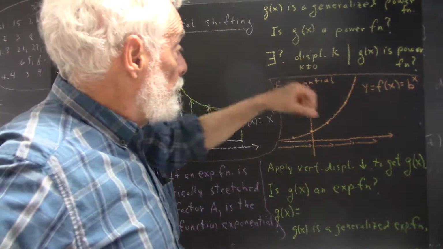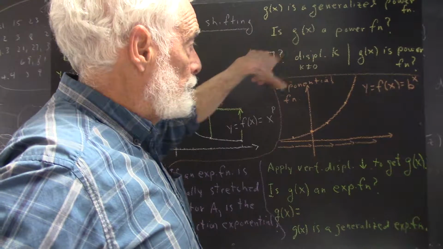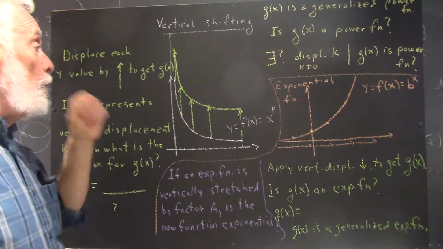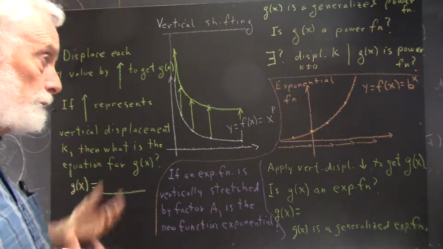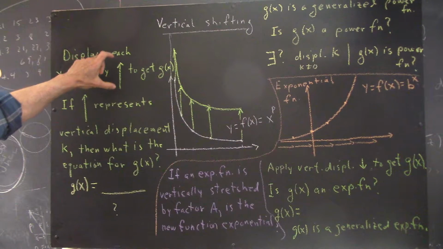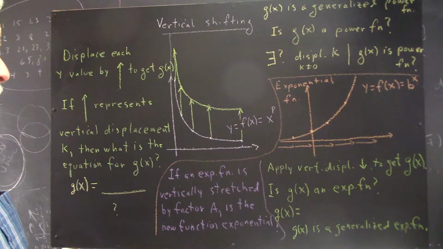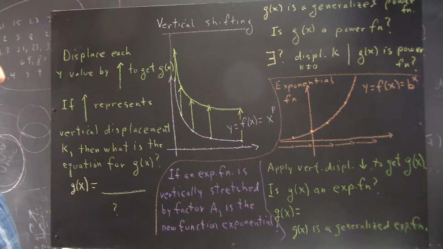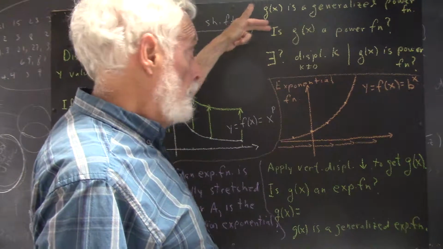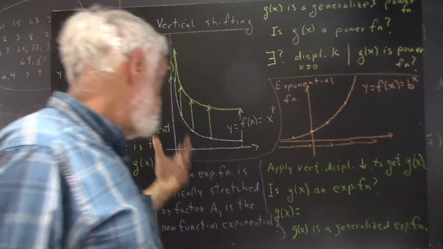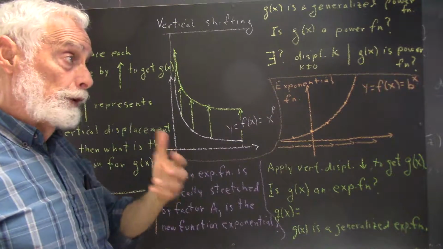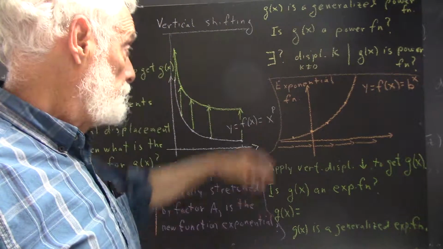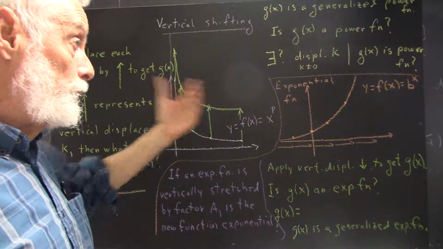But if k is not equal to 0, does there exist any non-zero k for which this g of x would be a power function? Now, if your answer here is that g of x is a power function, then presumably it could be a power function for every value of k, in which case there certainly would exist at least one k for which it is, and your answer to this question would be, duh, yes.